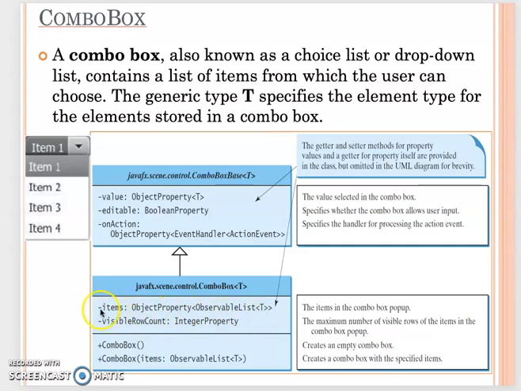So if you want to change the ComboBox items, you just get items, then use add all or add to add to the list. So when we create a ComboBox, you can either create an empty ComboBox, or if you already have your observable list ready, you can just pass it to the constructor. So we just see one example first, how we will add item 1, 2, 3, 4 into your ComboBox.